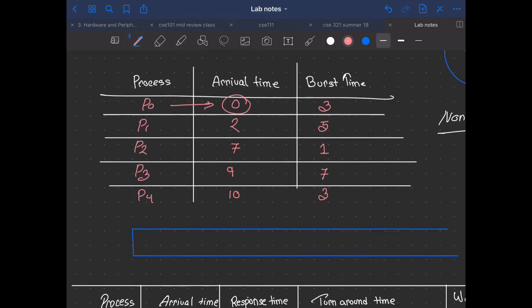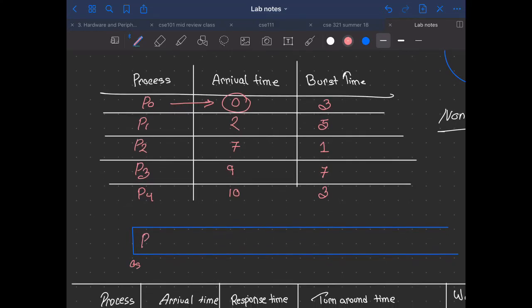At the 0th second, P0 comes into play, and the burst time is 3 seconds, so it would work for 3 seconds. As I said, it's a non-preemptive process, so any process that comes in between the working of another process, we cannot switch between processes. P1 comes at second number 2.